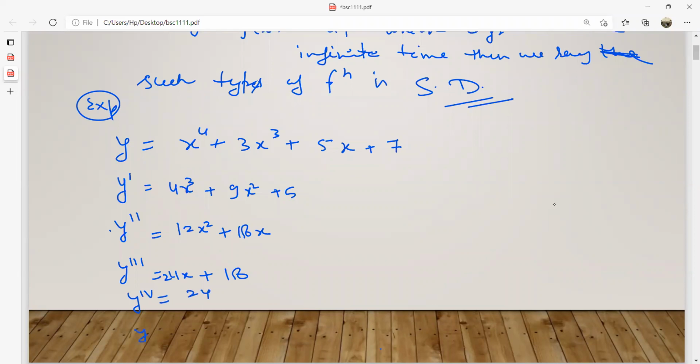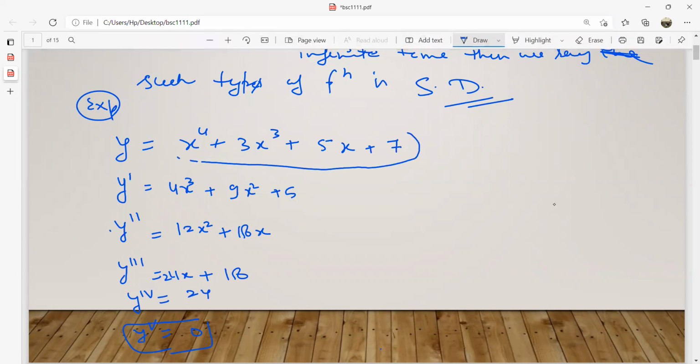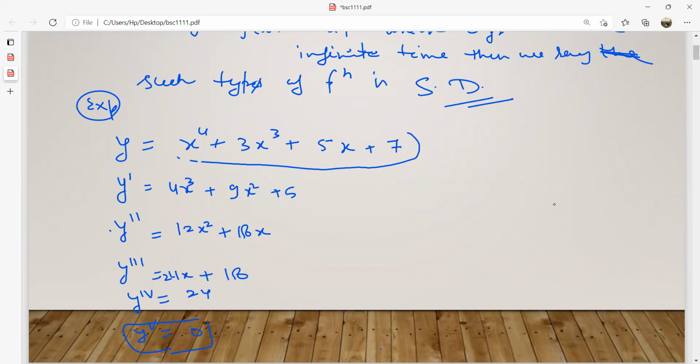If again I differentiate this function a fifth time, then the value is 0. So what we learn here is that if you are given any polynomial function of degree 4 and differentiate it 4 times, we always find a constant term, which is the value 24.